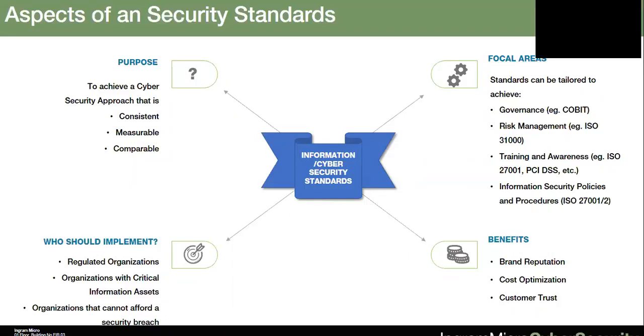A consistent approach allows a universal and uniform approach for managing security across the enterprise, across the organization. This approach will be extendable to specific business units, locations, products, and so on. A comparable approach is one that can be benchmarked against other dimensions, against different environments, different organizations, and different industries.